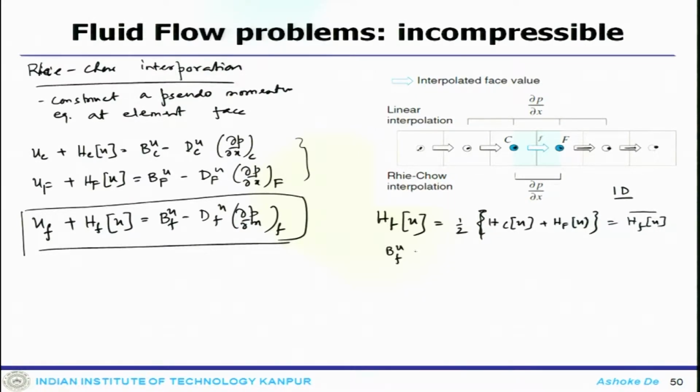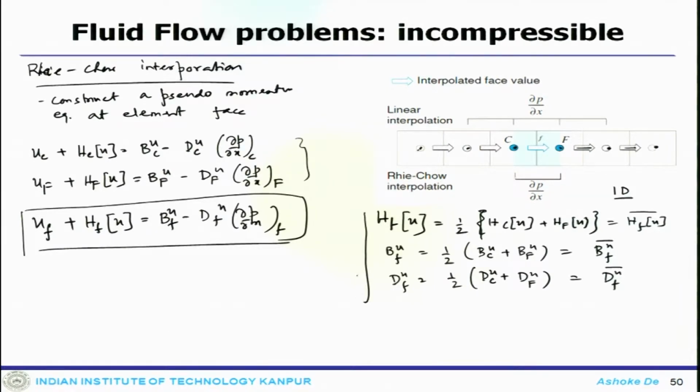Similarly, B_F^U, which is half of B_C^U plus B_F^U, is B_F^U bar. Likewise D_F^U is the average of D_C^U and D_F^U, giving D_F^U bar. So, you use these values in this equation, and what you get is a pseudo momentum equation, which is written as U_F plus H_F^U prime equals B_F^U prime minus D_F^U del P by del X at F.